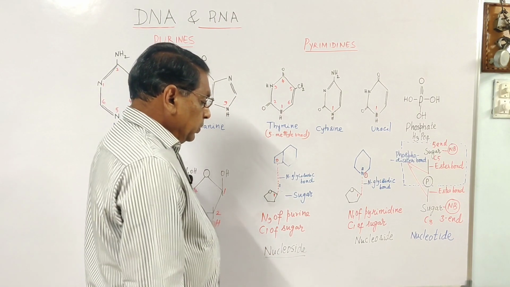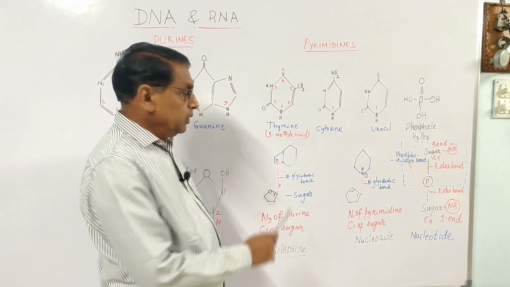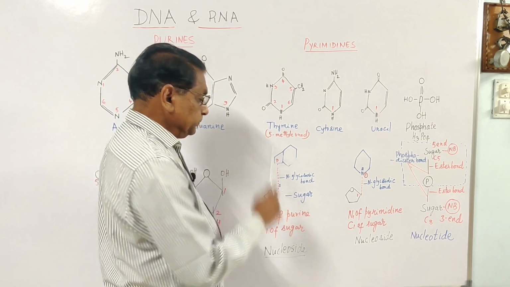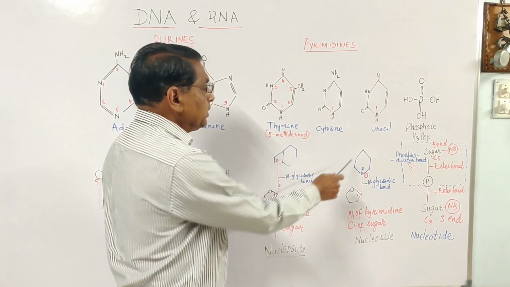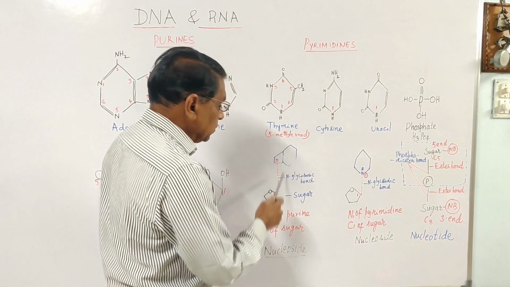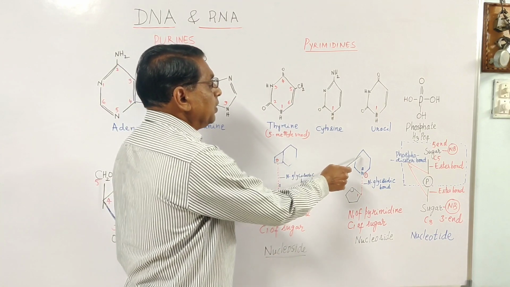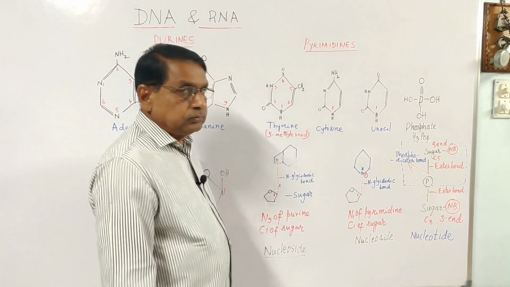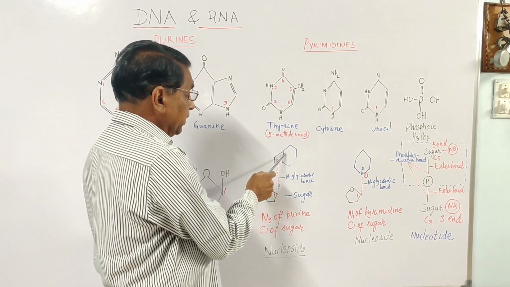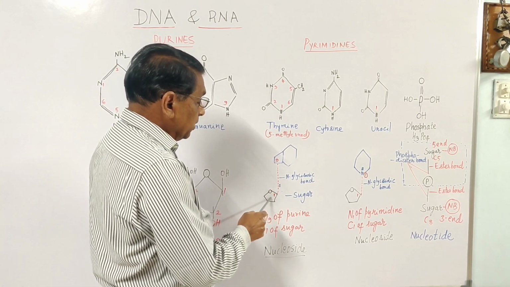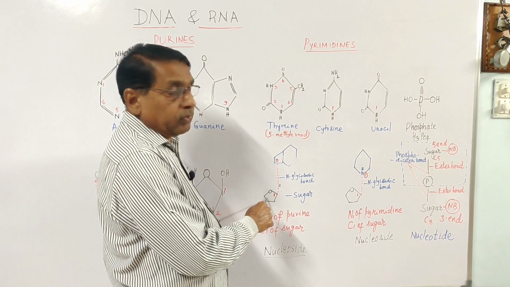Now, nucleoside. A nucleoside is formed by two components. One is a nitrogen base, another is a sugar. This nitrogen base may be purine or pyrimidine. If it is purine, it may be adenine or guanine. Then the sugar may be ribose sugar or deoxyribose sugar.